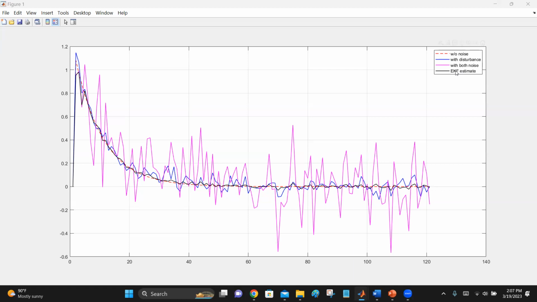And then we have the extended Kalman filter in black, which produces something closer to the blue line, right? The extended Kalman filter is supposed to track the blue line. If you look at the blue line and the black one, you can see they're not identical, of course, right? But it is much better than using the pink signal.